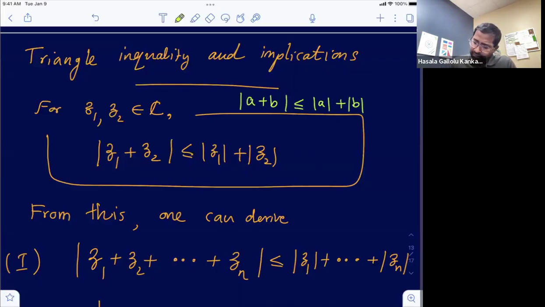Now, when you consider the real number line, even though we call this scenario the triangle inequality, you will not see the real geometric significance of that on the real number line because we are working on a line.